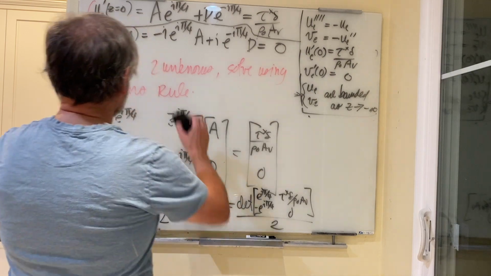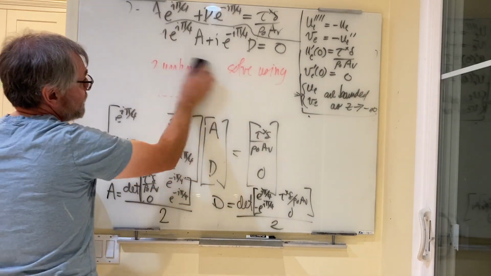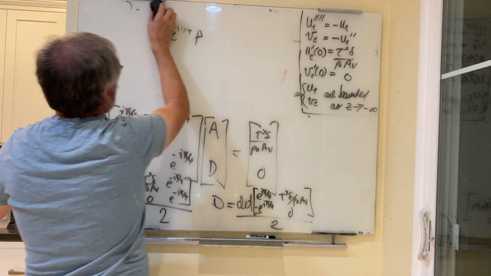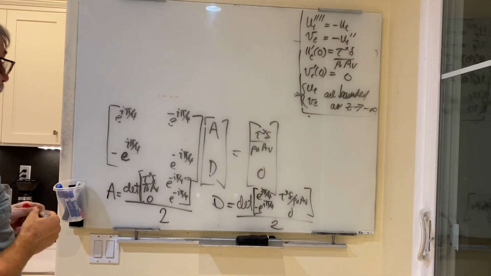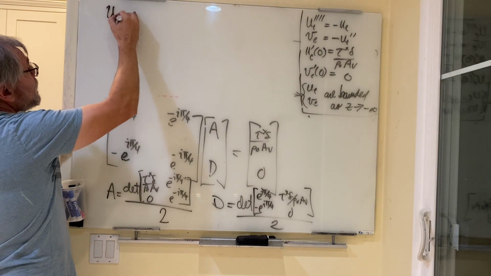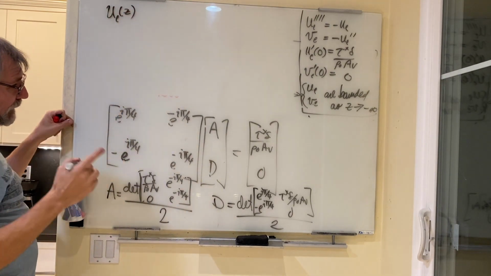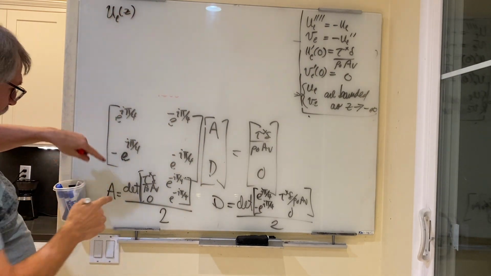Okay, let me erase this up here so I have space to write the solution. So the solution is u_e of z is equal to A. Where's A? A is here.